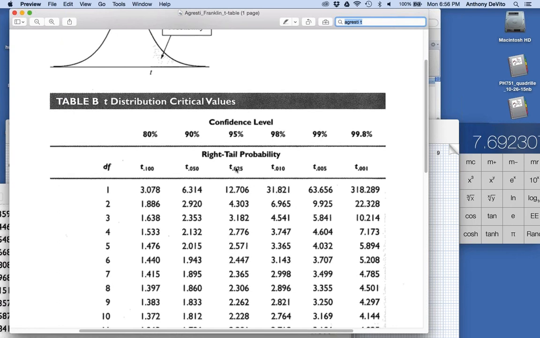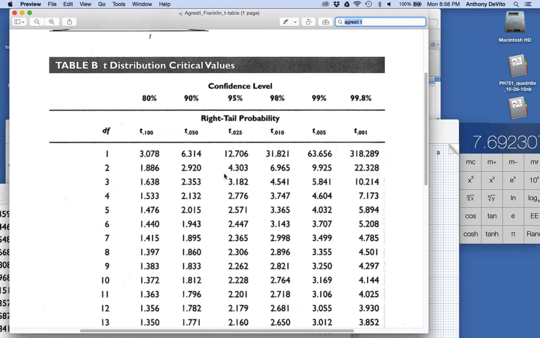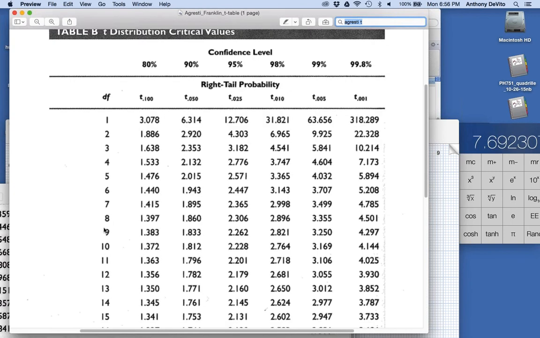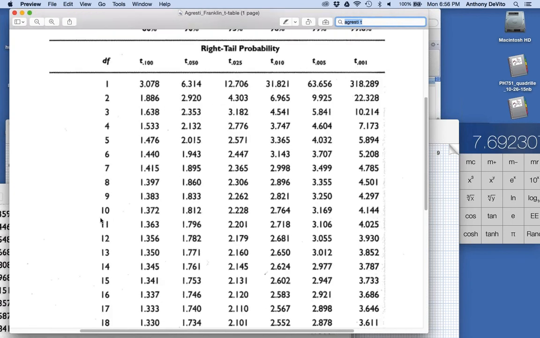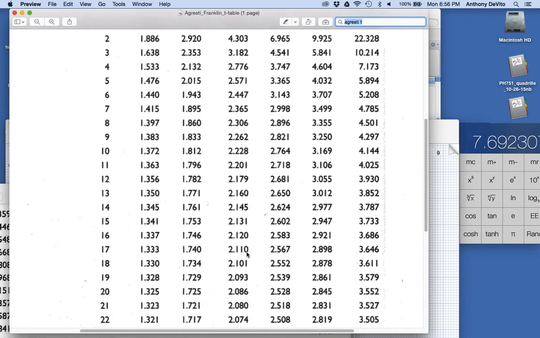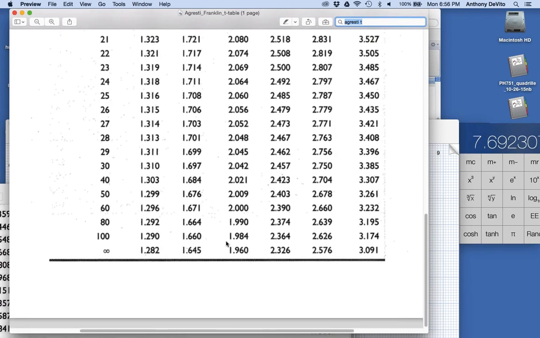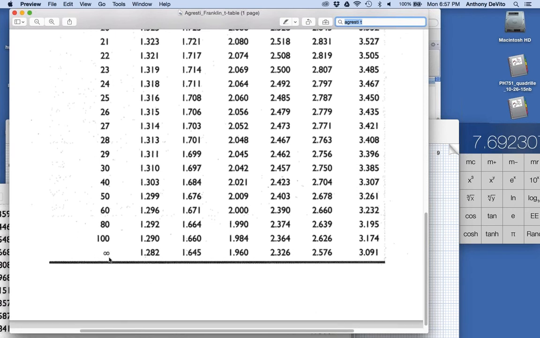So now, normally it's based on the sample size. Notice that depending on the sample size, as we move down here, as the sample size gets larger, what happens to the number t? It gets closer and closer to 1.96. And where is it exactly 1.96? When the sample size is infinite, when you have the whole population. That's really basically what that means.